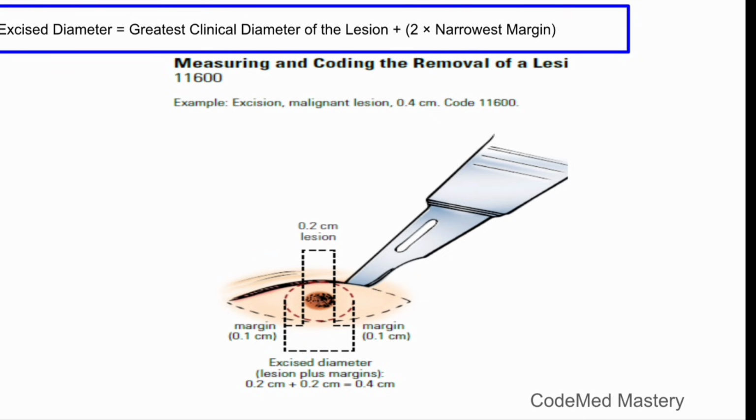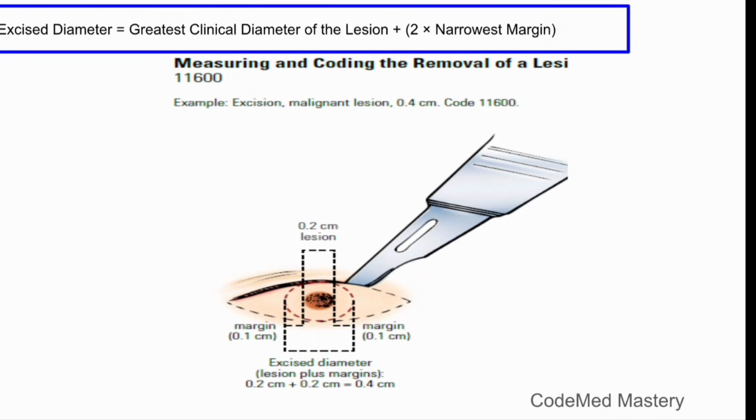Therefore, here the diameter is 0.2 centimeter plus 2 into narrowest margin, that is 0.1 centimeter, is 0.2 centimeter. Therefore, the excised diameter will be 0.4 centimeter. I hope you are clear with it. So we are done with step 3, that is calculating the size of the lesion.